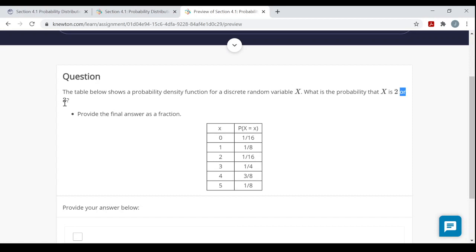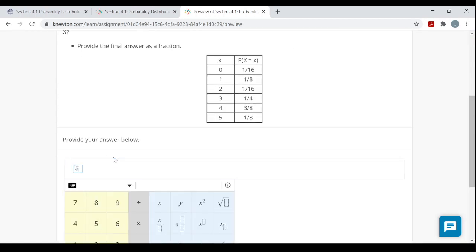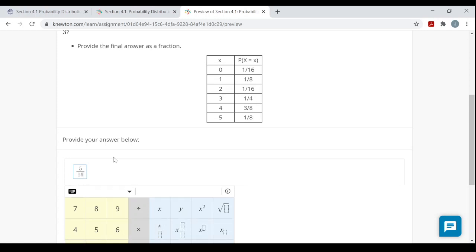What's the probability that x is 2 plus the probability that x is 3? So the probability that x is 2 is 1/16 plus the probability that x is 3 is 1/4, which is 4/16, right? Getting a common denominator. And then adding these two together, 1/16 plus 4/16 is 5/16. So just simply enter 5/16 like that.